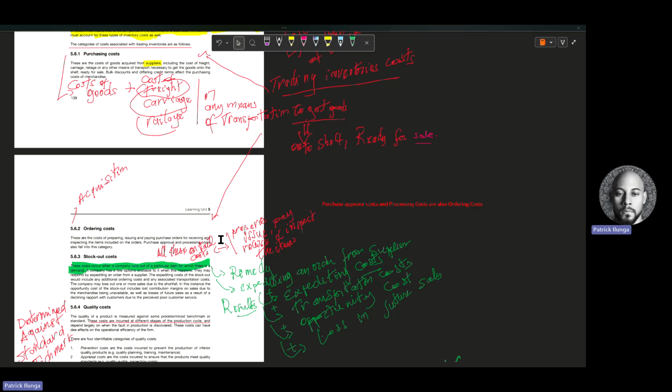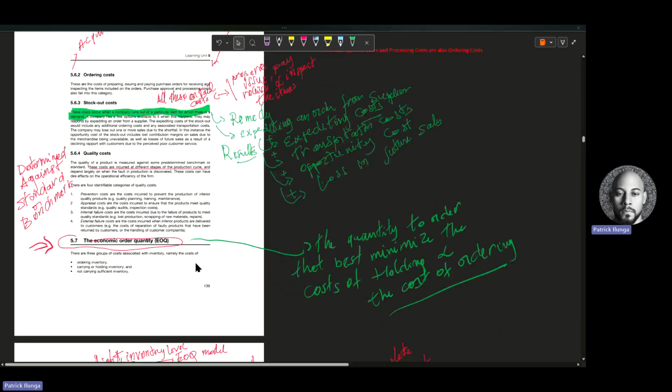So there is a missed opportunity there, and also loss in future sales. The reputation of the company could be very much damaged, so you need to think about all that.